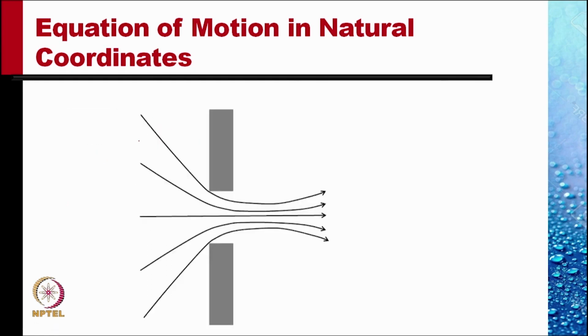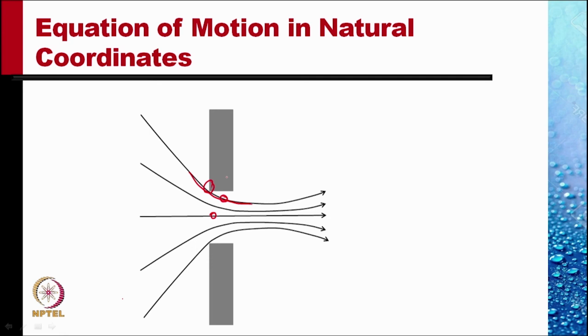The flow through an orifice. The flow cannot turn sharply at a bend, so the streamline would have curvature. And the streamlines have this curvature. That means the pressure here must be more than the pressure there. There would be a pressure gradient in the normal direction.